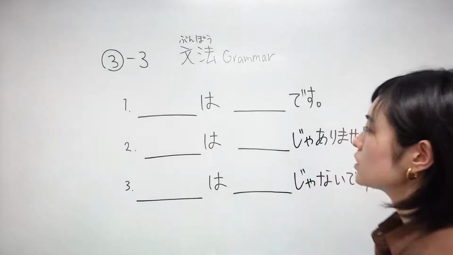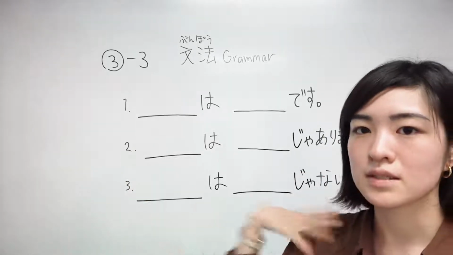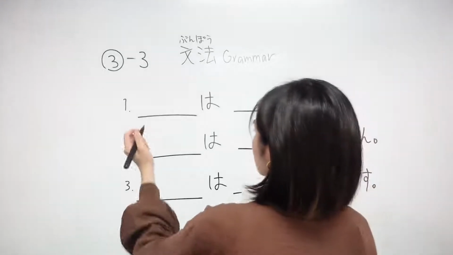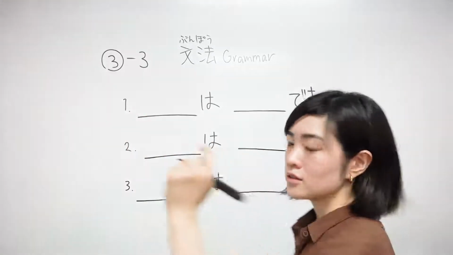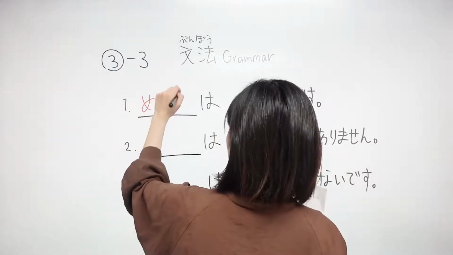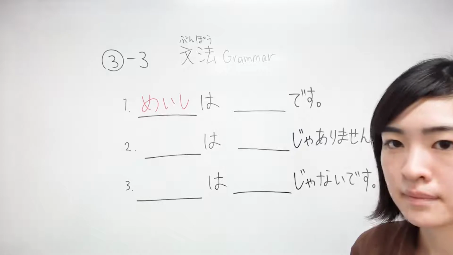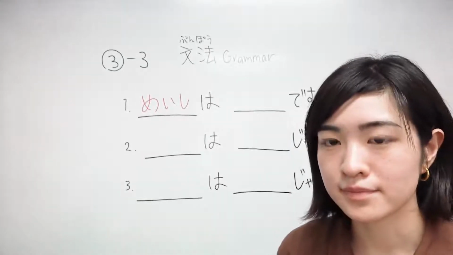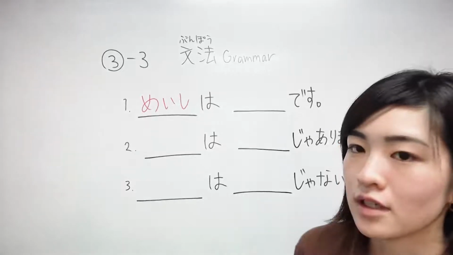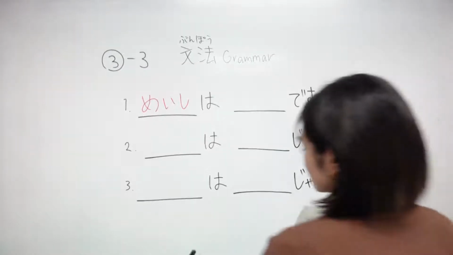So, 私, this means me, I. This is called a noun. 名詞.